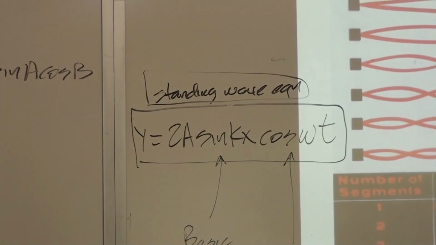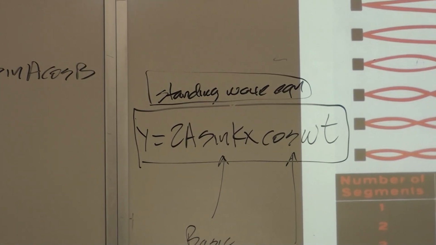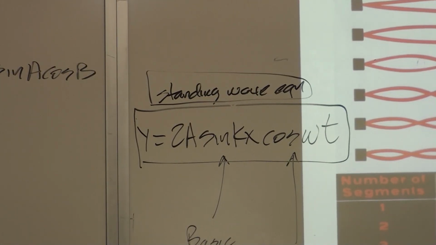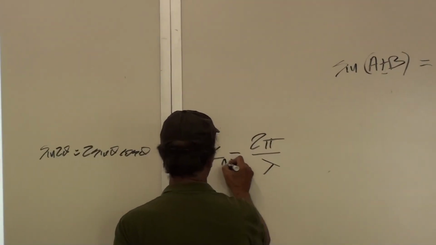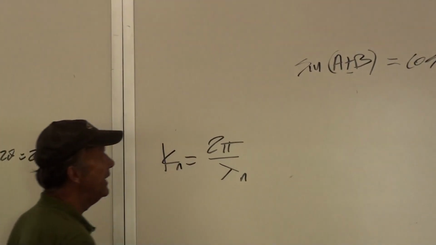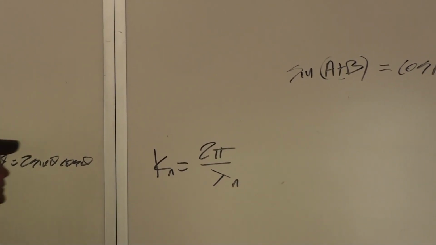All right, so how do we get the k? Well, if you'll recall, the k here is our wave number. That's 2 pi over lambda. And so we have n possible lambda values depending on which harmonic we're dealing with.